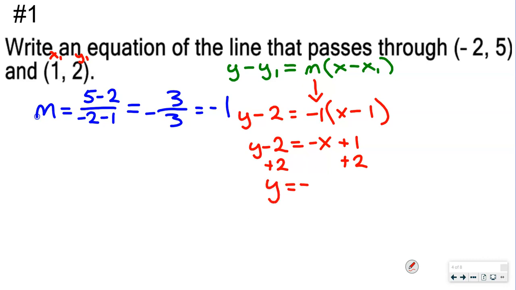So y equals negative x plus 3. So that would be our slope-intercept form. The 3 would be where our line is going to cross the y-axis. So we have y equals negative x plus 3, or negative 1x. You can keep the 1 or take the 1 away. Doesn't matter.